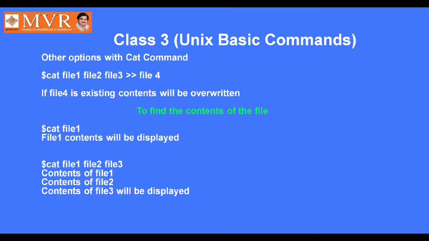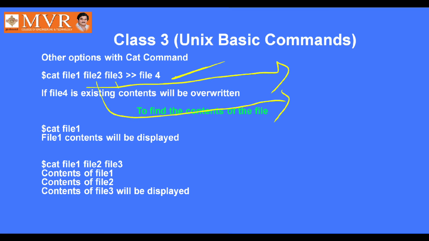Then we come to the other options with the cat command. Just look carefully here. What we have done here is cat file1 space file2 space file3 and double greater than symbol file4. Assume that file1 contains some information, similarly file2 and file3 also contain some information.